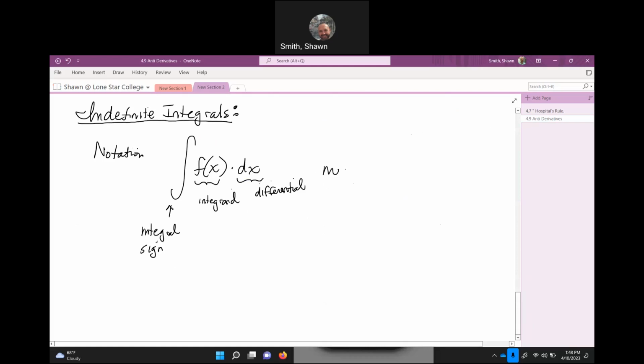This means find the antiderivative of f of x, which will be equal to cap F of x, right? Plus some constant c, right?